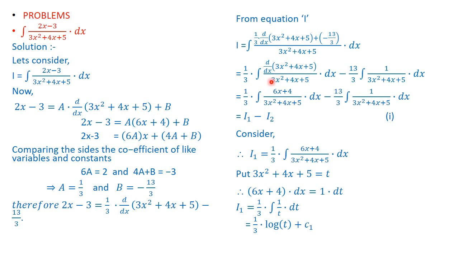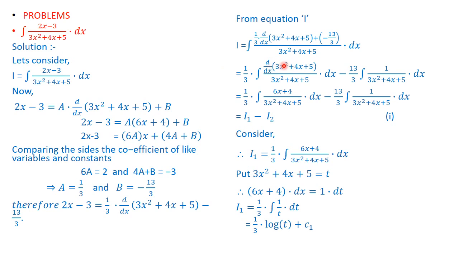Separating the terms, 1 by 3 is a constant, taking it outside the integral: the derivative of 3x square plus 4x plus 5 by 3x square plus 4x plus 5 into dx. Then minus 13 by 3 taken outside the integral, 1 by the denominator.